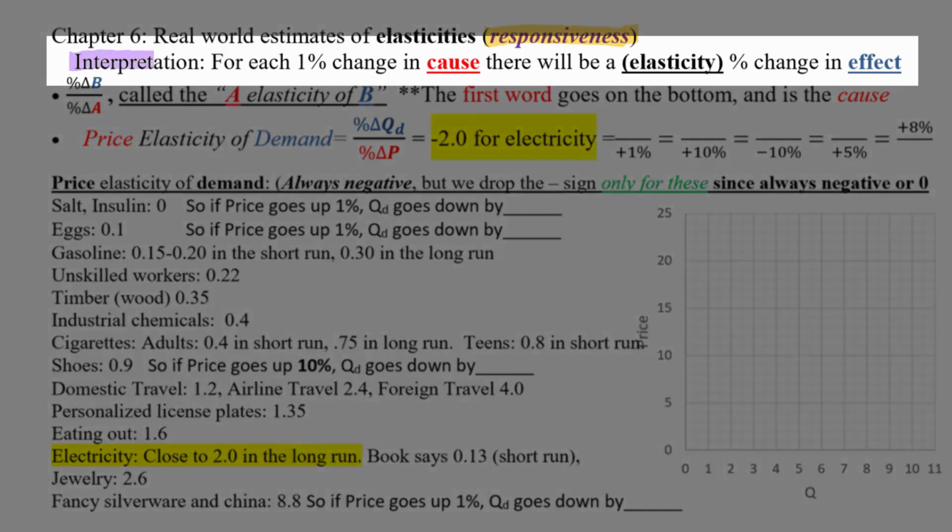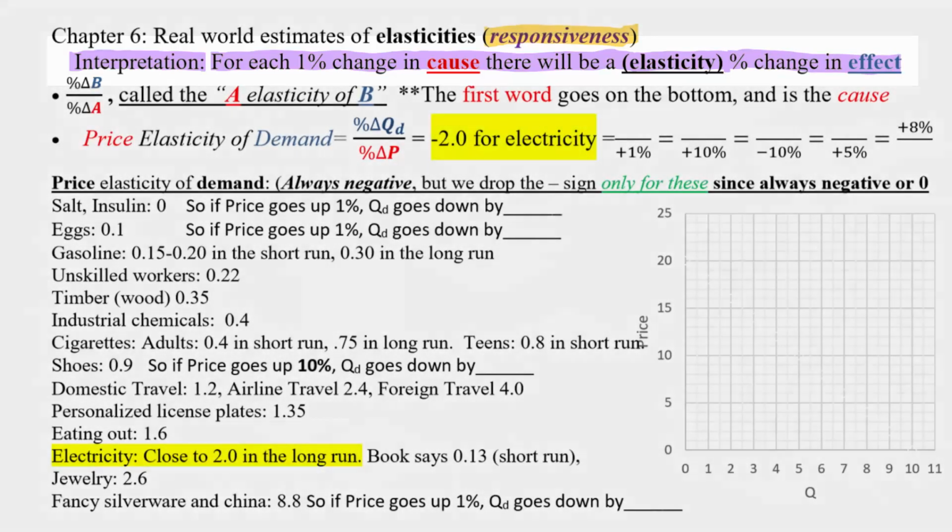Today is all about interpretation. For each 1% change in the cause, we're going to have this number called an elasticity. And that elasticity tells us the percent change we would predict in the other thing, the effect, that would change from this cause.